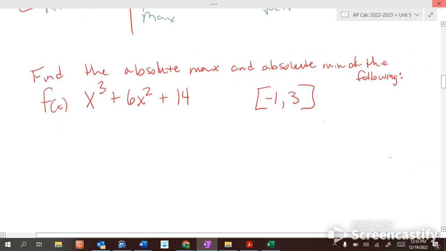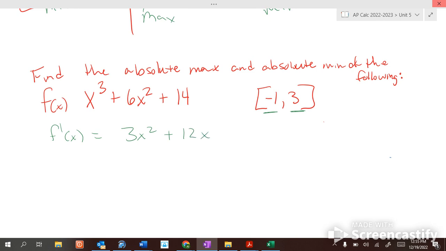Find the absolute max and the absolute min in this situation. Between -1 and 3, where's the absolute max, where's the absolute min? So let's find the first derivative of this function. The first derivative function would be 3x squared plus 12x. Set that equal to 0.